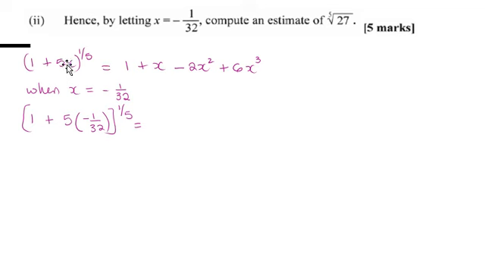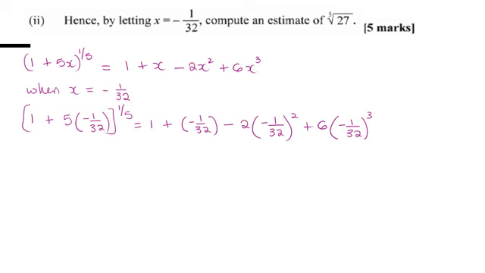So we're plugging the x here, and we're going to plug it in these places as well. So that is equal to 1 plus x minus 2 times x squared plus 6 times x cubed.